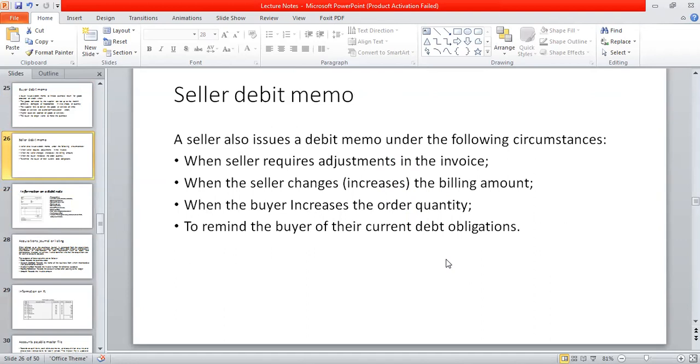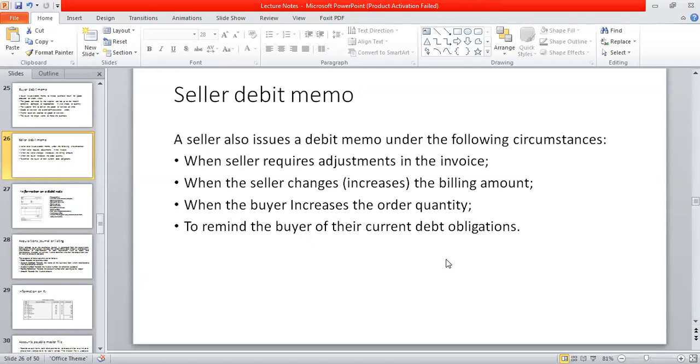When the seller changes the billing amount, if there are some price changes, to correct that, the seller will issue a debit memo to the buyer. When the buyer increases the order quantity, and the seller needs to rectify that, they issue a debit memo to the buyer.